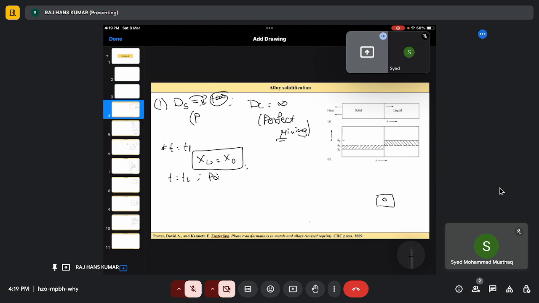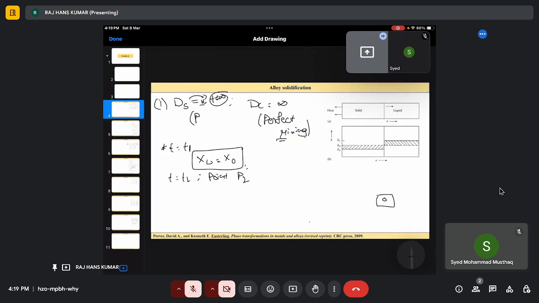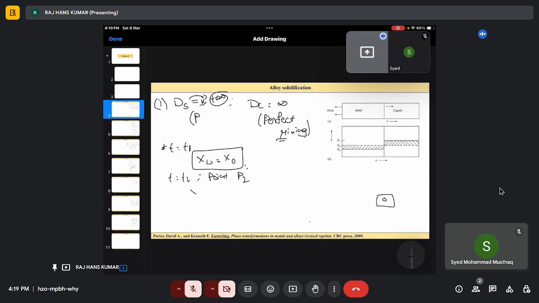What is happening? Liquid is getting enriched, and solid forms out. What do we call it? Let's say solid forms out XS2. Okay? It forms at here.